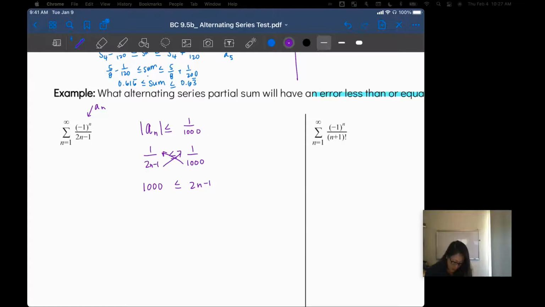Okay, and then we get plus 1. So 1001 has to be less than or equal to 2n, divide by 2. So n has to be greater than or equal to 500.5. That means that the 501st term is less than or equal to 1 over 1001.